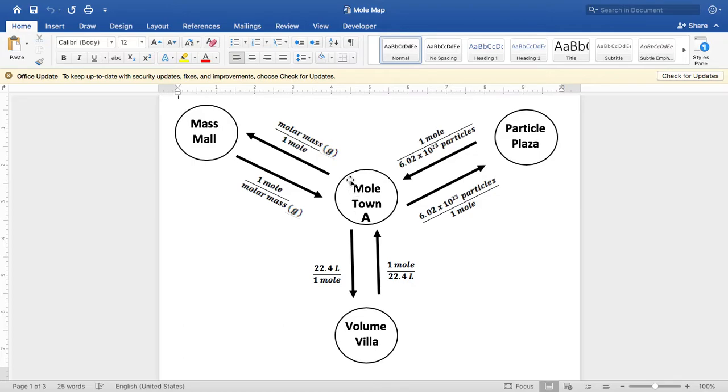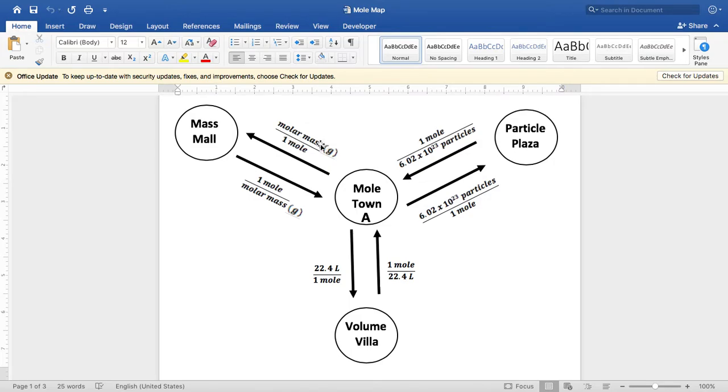Now, if you look at each of the arrows, you can see that on top of the arrow or below, there is some sort of conversion. Okay, this is our conversion factor. Okay, just like you were converting inches to feet or liters to milliliters, you had to multiply by some sort of conversion factor. Well, if I was going from Mole Town to Mass Mall, this is the conversion factor that I would use.